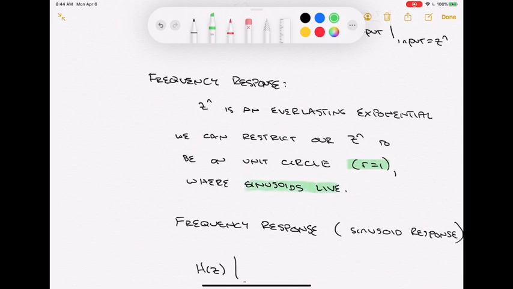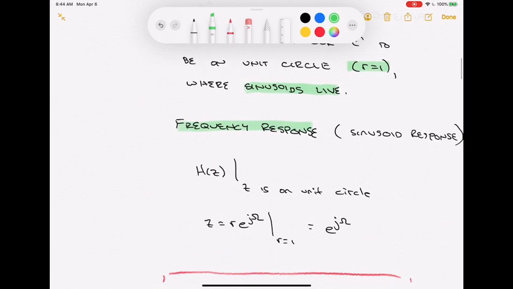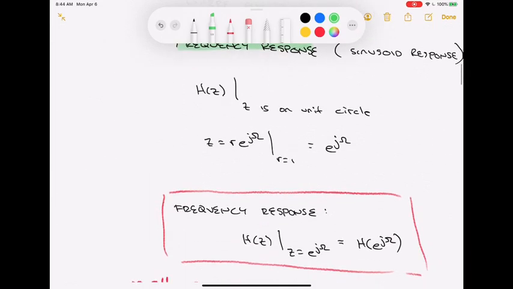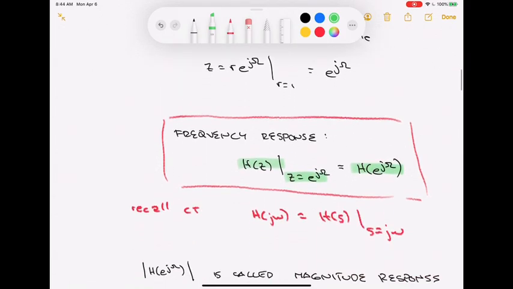And sinusoid response is what we mean by frequency response. Since that gain factor, H(z), is how any everlasting exponential goes through, if I restrict it to sinusoids, I'm going to get my sinusoidal steady state type response, the frequency response. So taking a look at H(z) where sinusoids live gives me this quantity that is called frequency response.